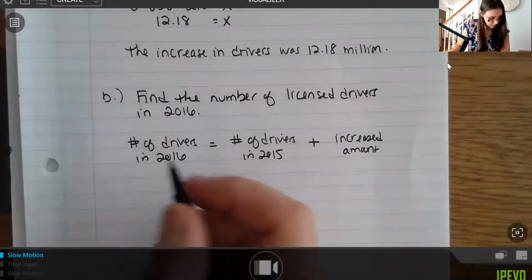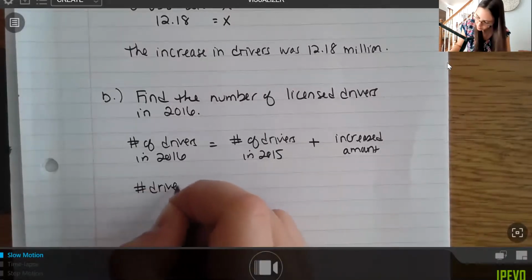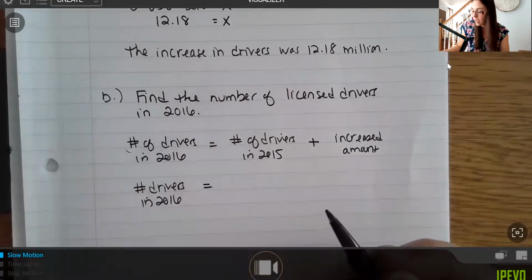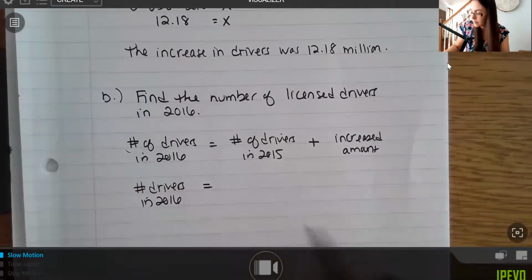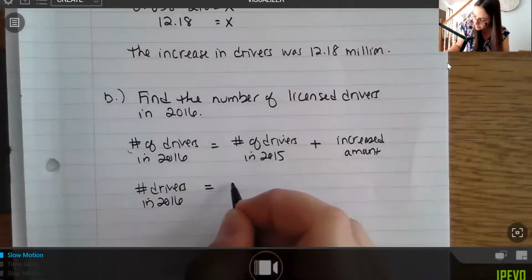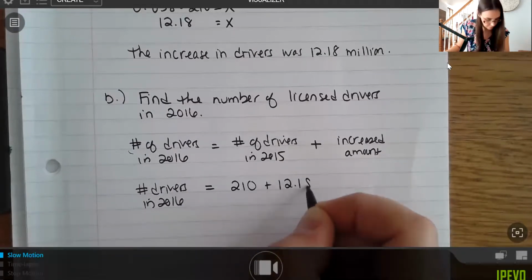So the number of drivers, and don't forget that this little hashtag also means number. Before it was a hashtag, it meant number, or the pound symbol. So number of drivers in 2015, we know that it was 210 million. We're increasing it by 12.18.